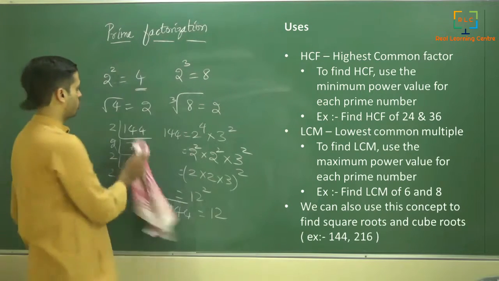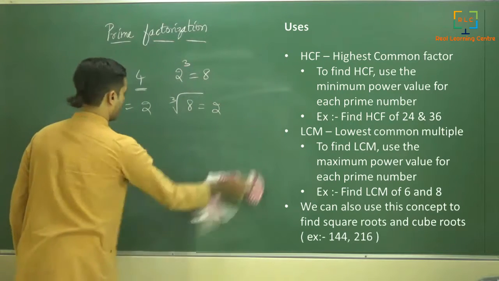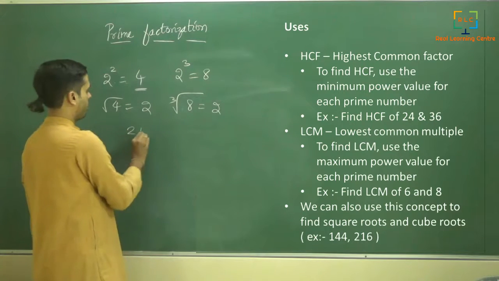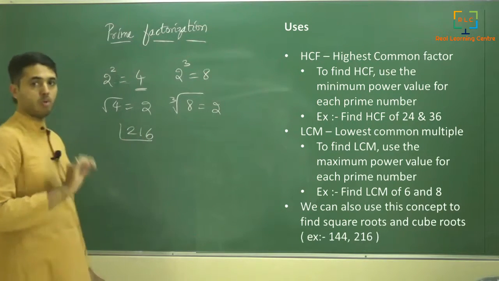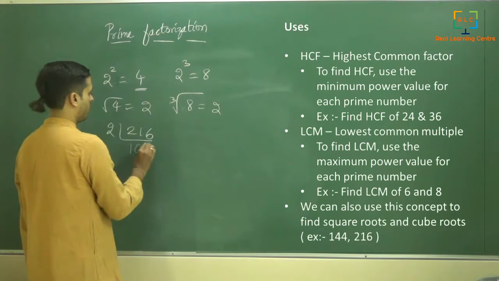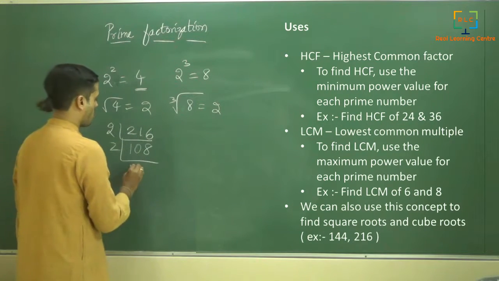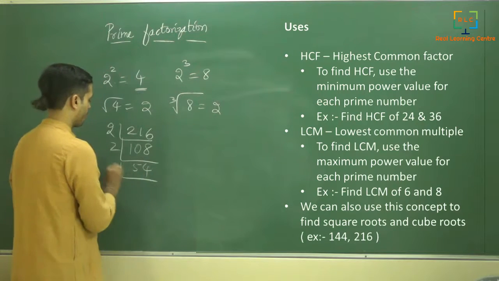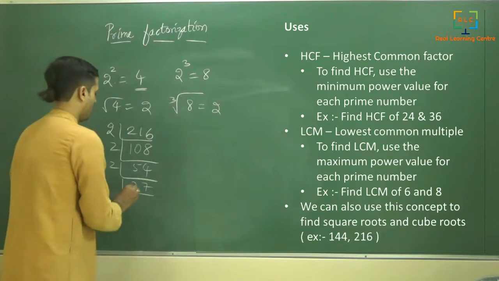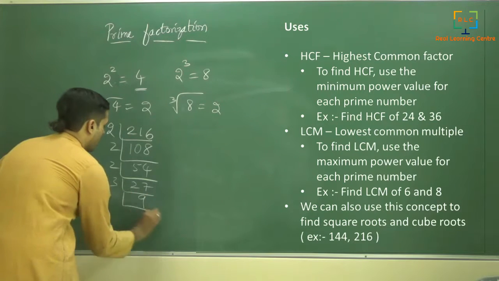So now let us see how to find cube roots. We have taken an example of 216. Follow prime factorization. 216 divided by 2 is 108, then 54, then 27. Now it doesn't go by 2, so the next number is 3. 27 is 9 3s, and 9 is 3 3s.